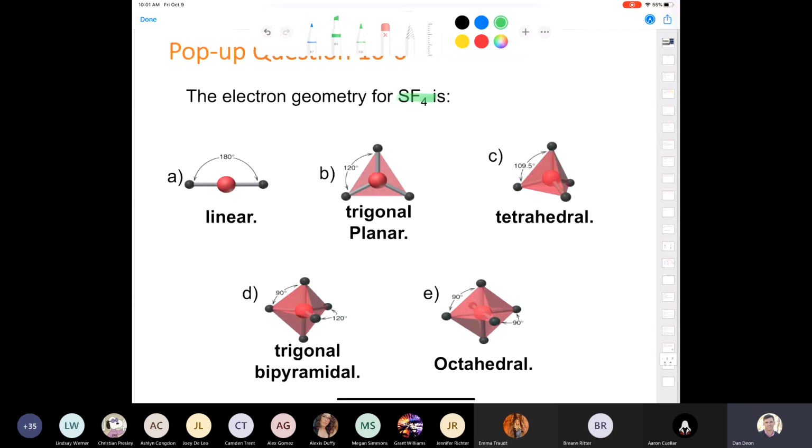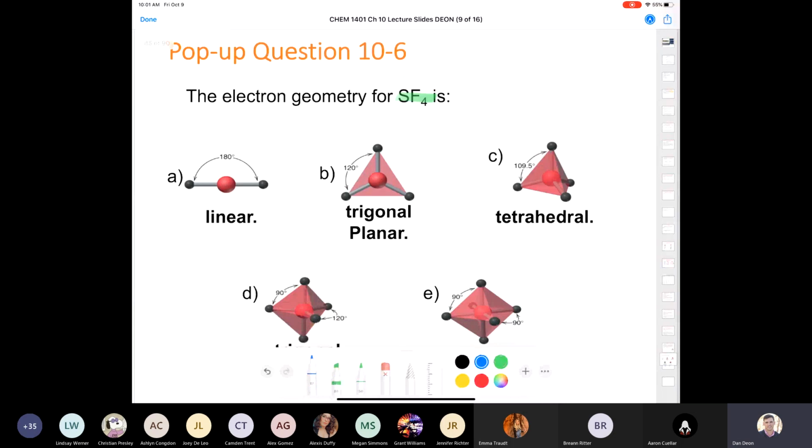I see a lot of people are putting C. Okay, let's give it the old college try.